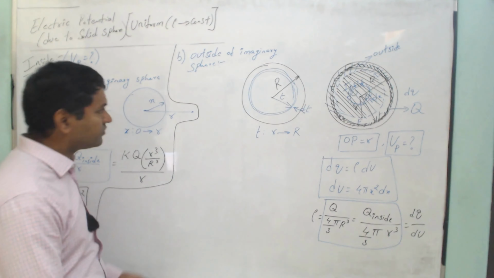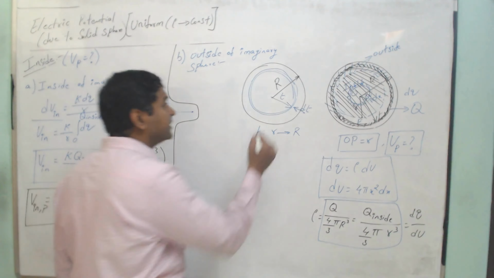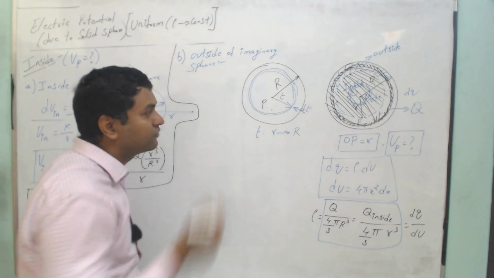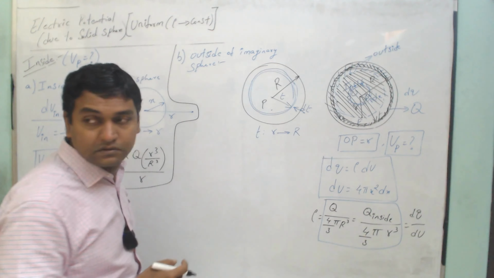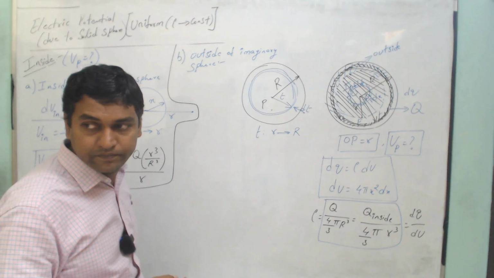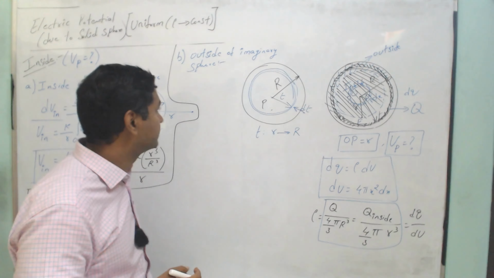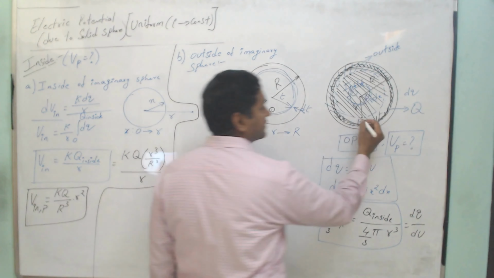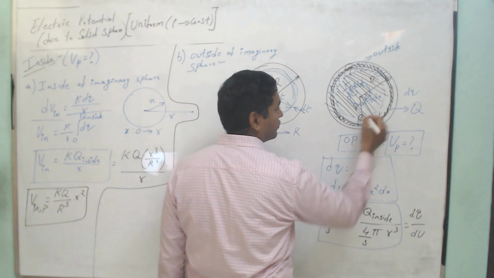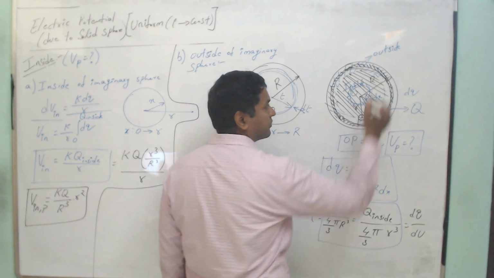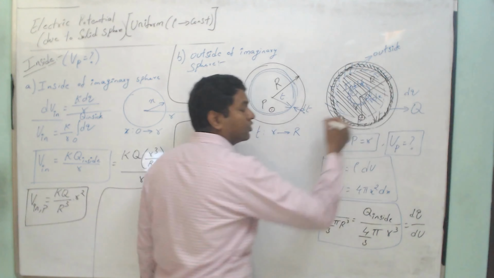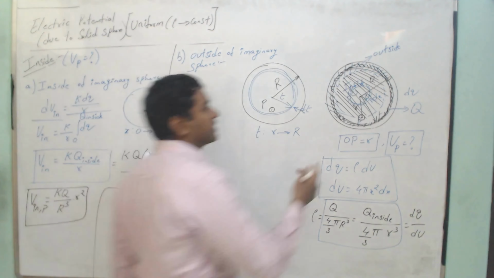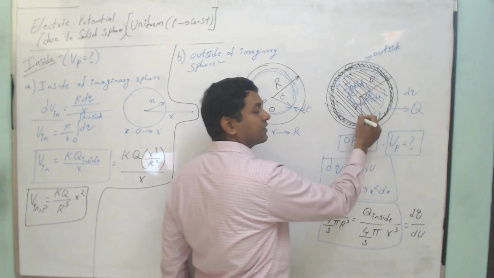Now, my point P itself is inside this element. Here it is over here, point P. If you remember, I had a blue imaginary sphere at a radius of small r.